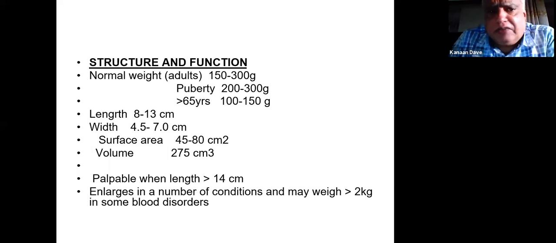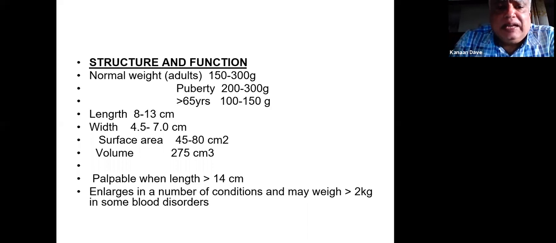It has a length of 8 to 13 centimeters and a width of 4.5 to 7 centimeters, with a surface area of 45 to 80 centimeters square. Its volume is 275 cubic centimeters. Once the spleen length becomes 14 centimeters, it becomes easy to palpate in the left hypochondrium.